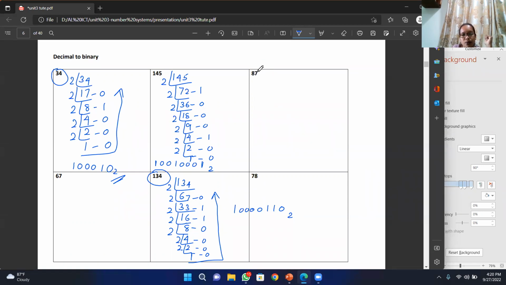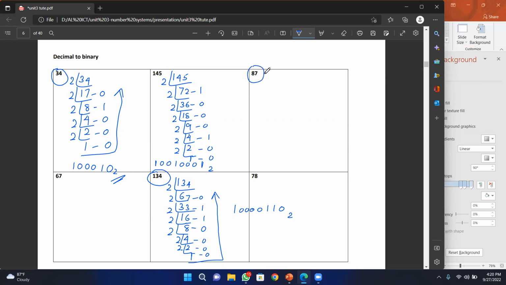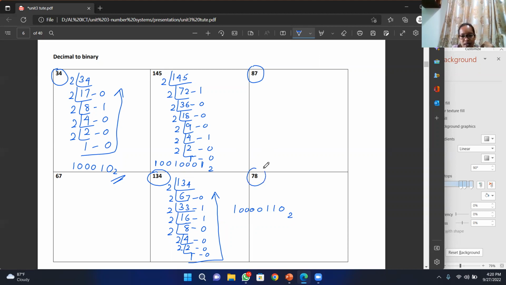Tilini, did you do the 87th one? Yes. Maybe. Right. I asked you to do this one. Okay. Right. Then finally we will do this one as well, the 78. Do this one, 78.